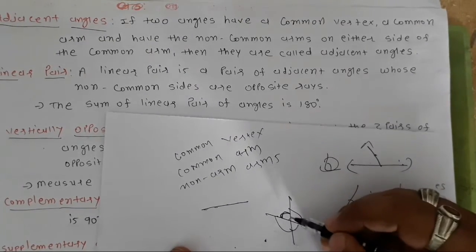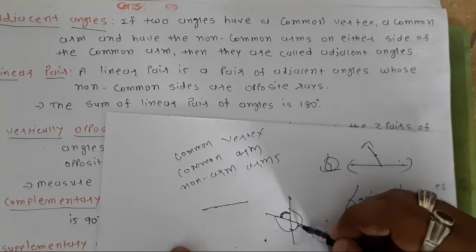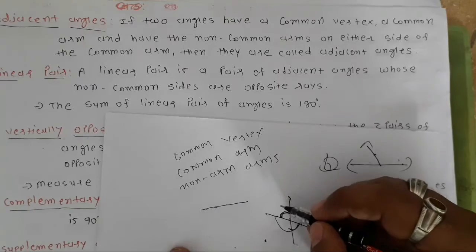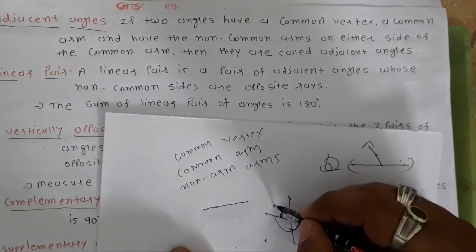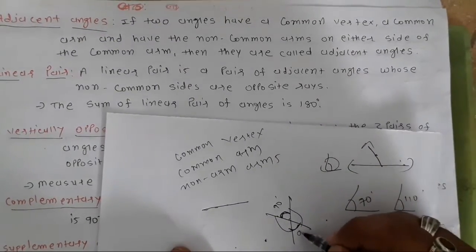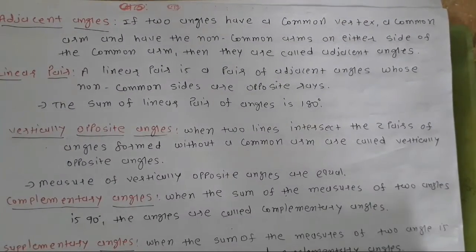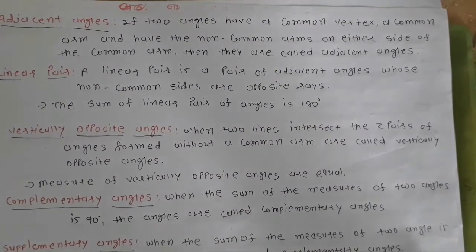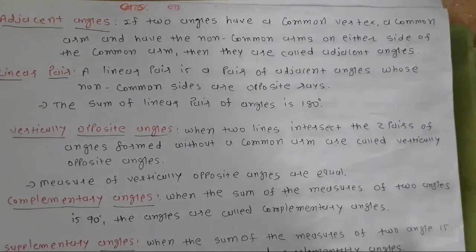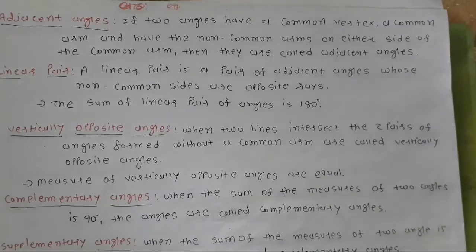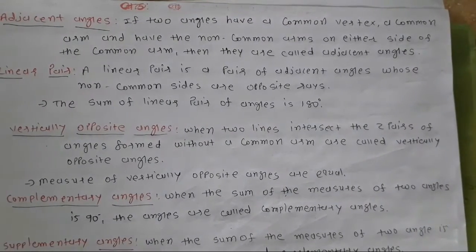So this angle is vertically opposite to this angle. For example, the measurement of this one is 90 degrees, so the measurement of this one is also 90 degrees. So both opposite angles are equal. Now complementary angles means when the sum of two angles is 90 degrees, and when the sum of two angles is 180 degrees, that is called supplementary angles.